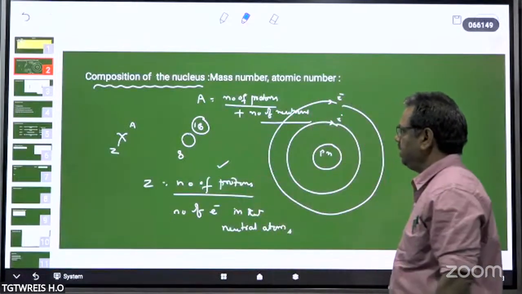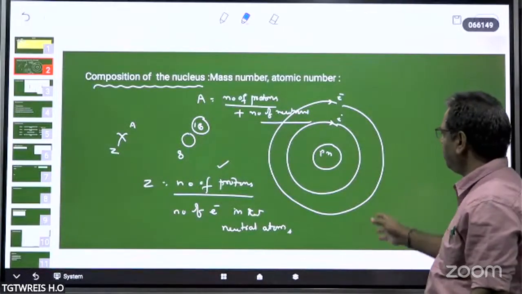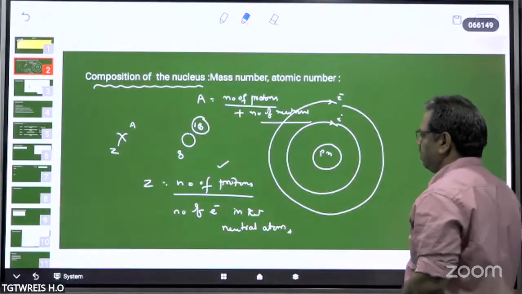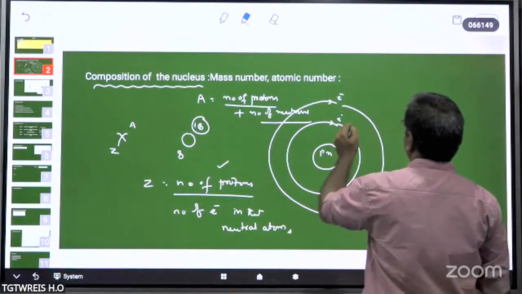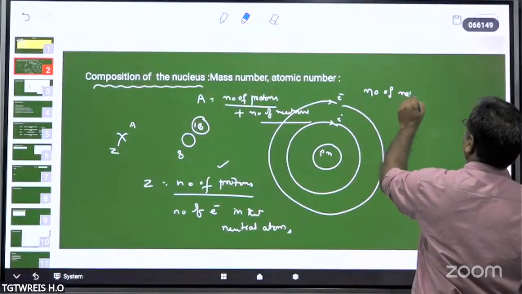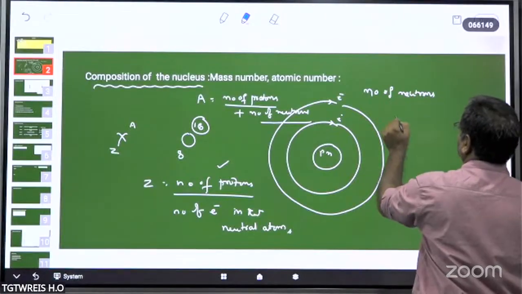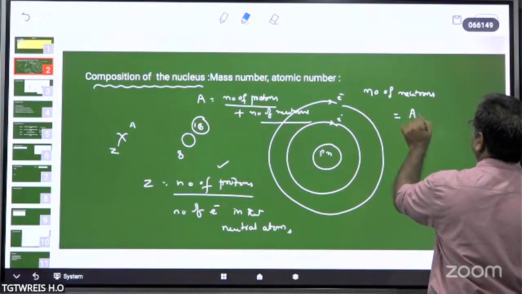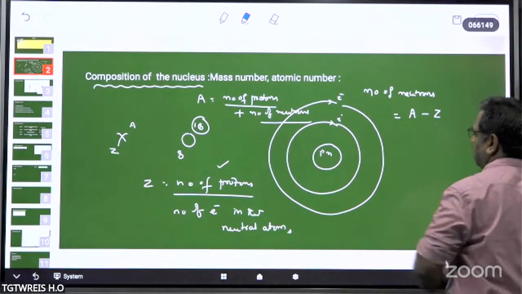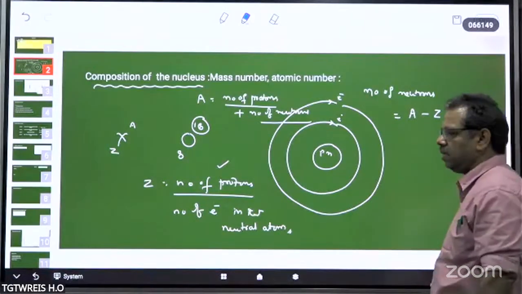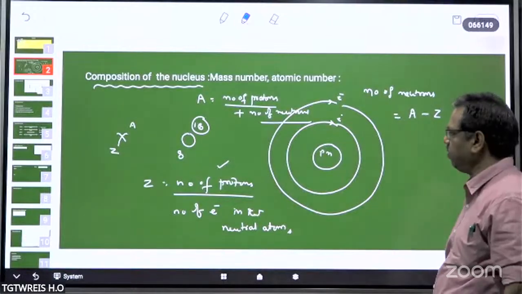With the help of this A, we can find out the number of neutrons present in the given nucleus also. The number of neutrons is equal to the mass number minus the atomic number. So this gives the number of neutrons present in the given nucleus.